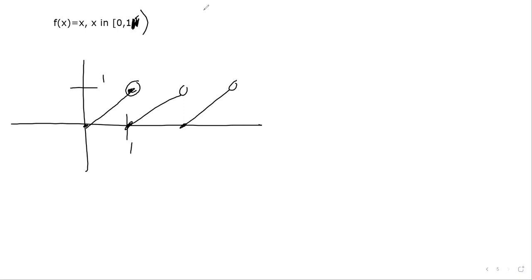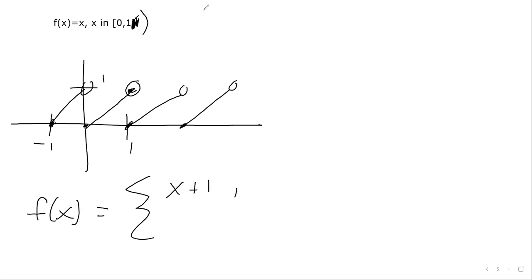In this case, and over here would also do it. It's equal to x plus 1 from -1 up to 0, and that should be not included. We'll see why that's not included in a second. It's going to equal just x when we're between 0 and 1.